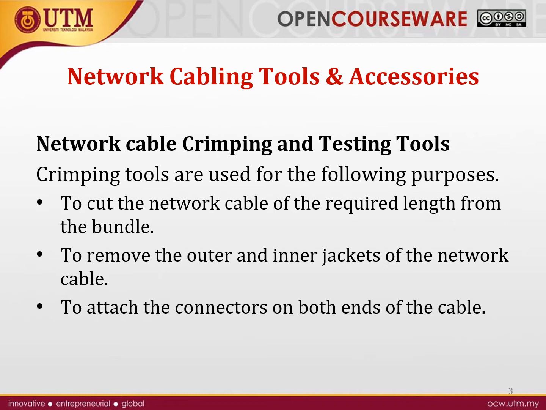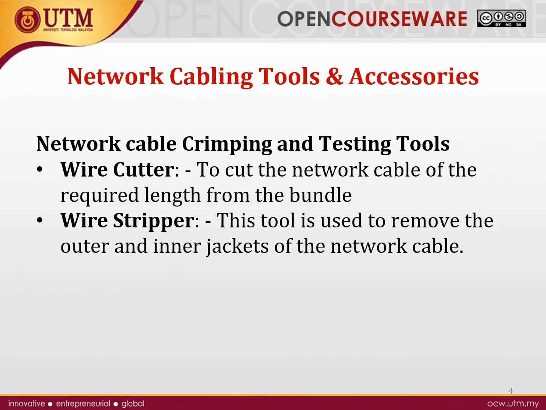And if you want to remove the outer and inner jackets of the network cable, then you use the crimping tool. And then finally, to attach the connectors on both ends of the cable, and by seeing the picture later on, you will get the idea.